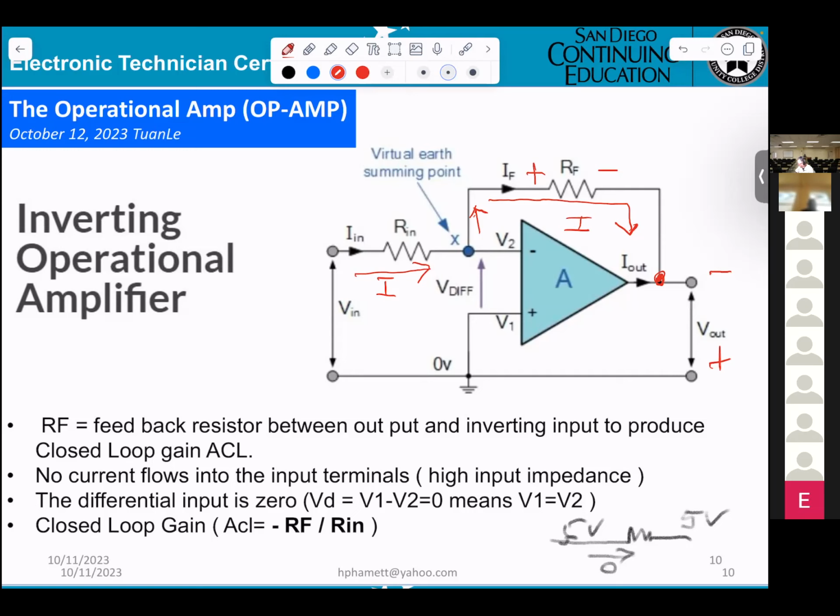Coming in positive, leaving negative, so the current will be flowing down. They can go this way, they can go this way. First thing, my question is, can this current go this way or not?